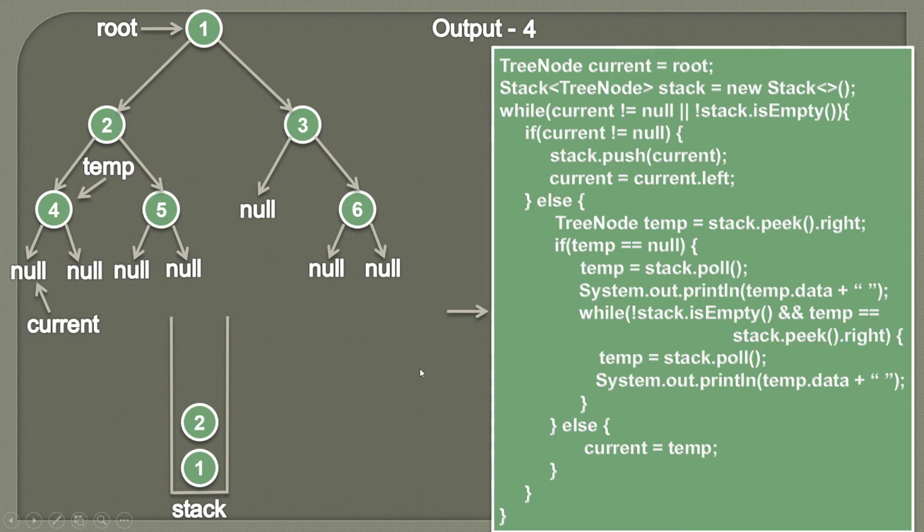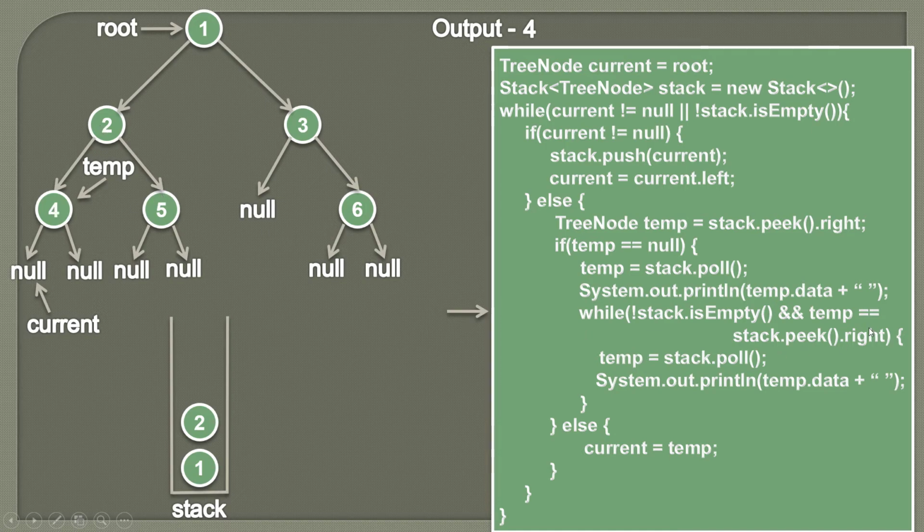So here stack peek is node 2, and its right is node 5. We are simply checking whether this node which we visited just now is equal to its parent's right or not.